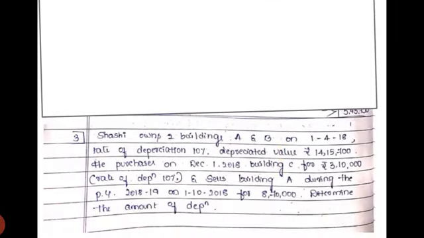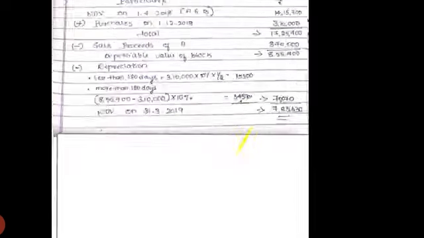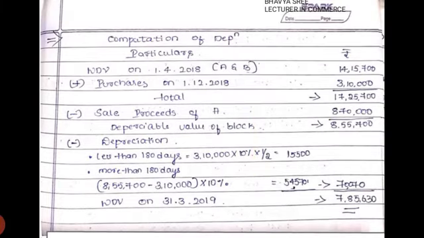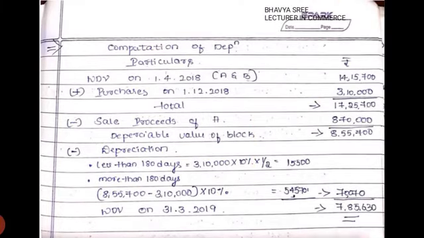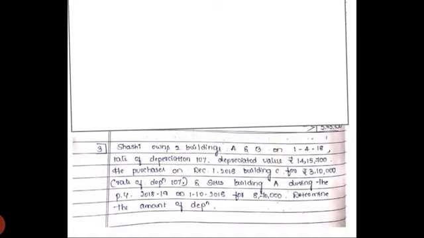If there are any purchases during the year related to the same block of asset, there is building C purchased 3,10,000. The same we are going to add, 3,10,000. Then the total will be 17,25,500. Then if there are any sales during the year, we have to deduct.